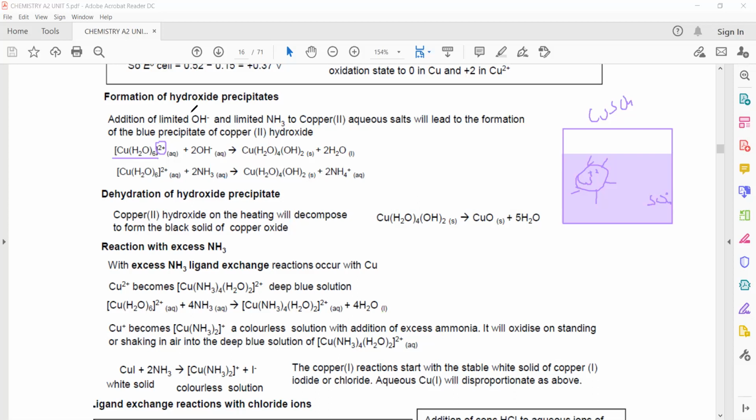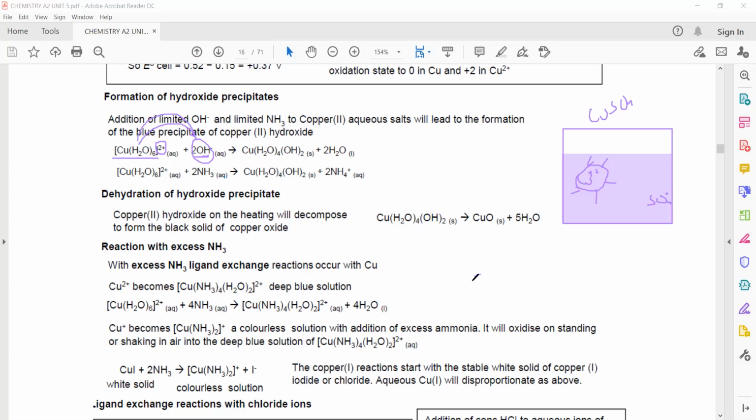If we add a small or limited amount of sodium hydroxide, if you remember from O levels, we used to test the positive ion by first adding a small amount of sodium hydroxide and then adding an excess. Same thing here: we add a small quantity of sodium hydroxide. The hydroxide has a tendency to accept protons, so it will take protons from the water molecules. Two of the water molecules will lose their protons.